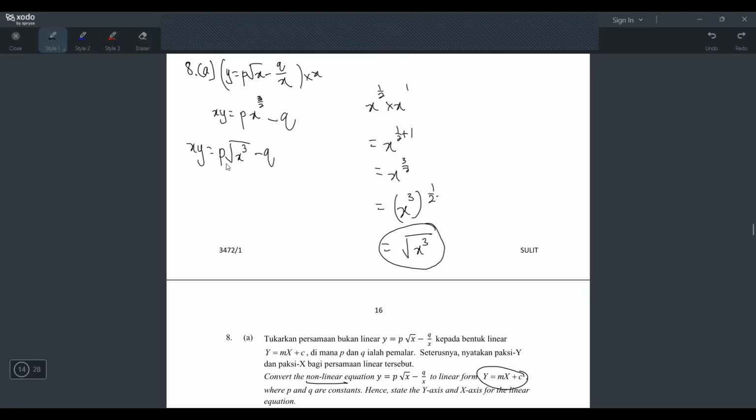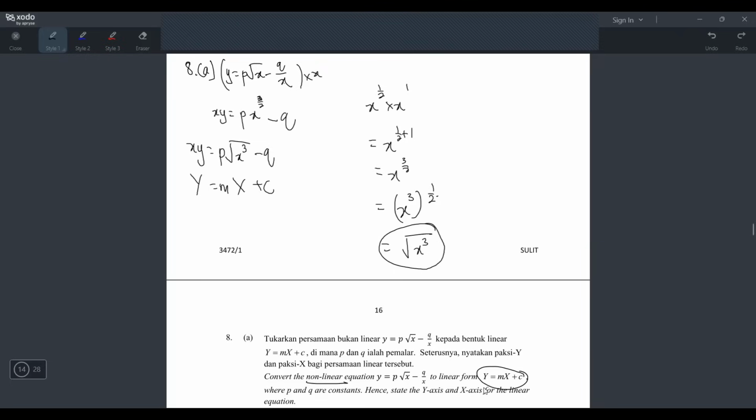So now this is linear form already, because x only appears one time on the right side. Some students will say, hey sir, the x also appears two times. That one is at the front. What I'm concerned about is the back side. On the back side, x should appear only one time. So this is linear form already, and you can write y equals mx plus c.